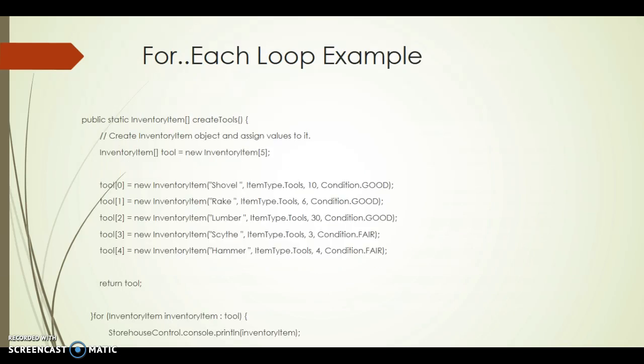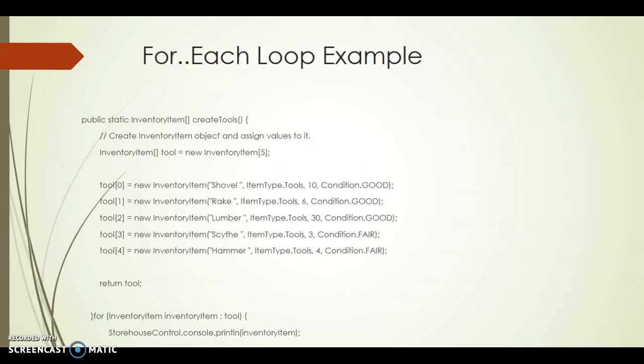Our for each loop example. In the for each loop, a variable is first defined within the parentheses. The value of this variable always points to the current element in the array for the next iteration through the loop. It must be of the same data type as the elements in the array.